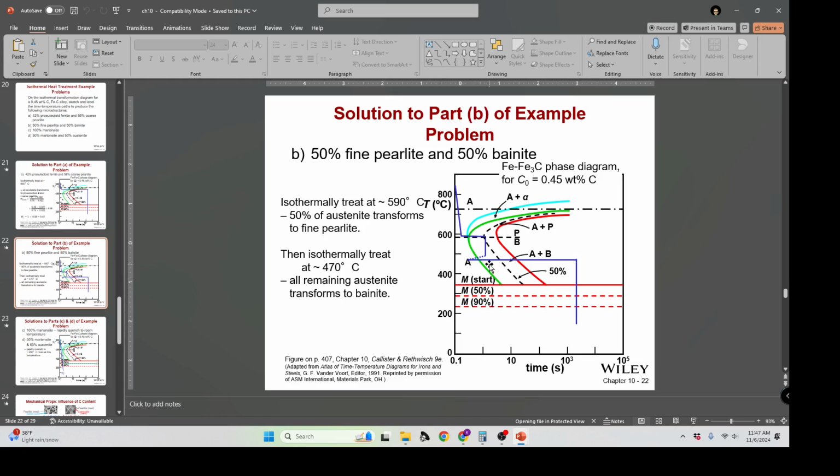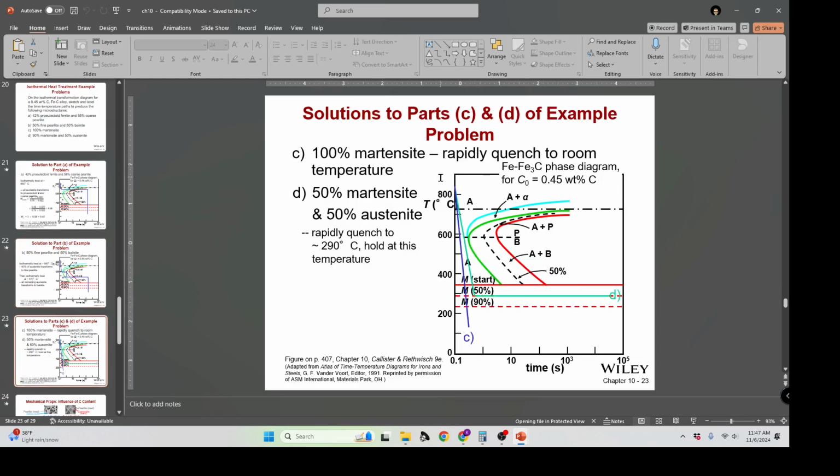so that all remaining austenite turns into bainite. So you get austenite and bainite, and it all transforms into bainite, and then you cool the rest of the way. So for 100% martensite, you rapidly cool it all the way down to room temperature about.